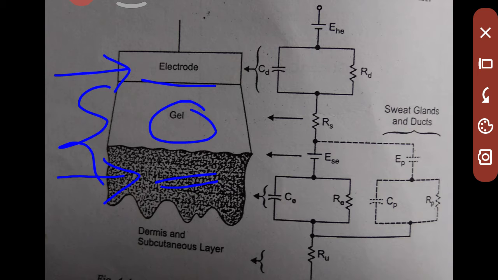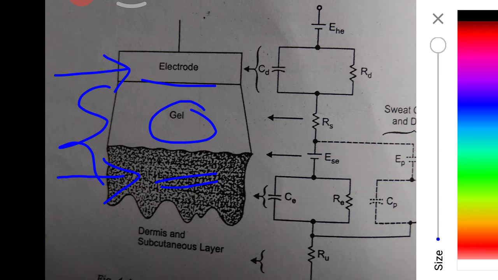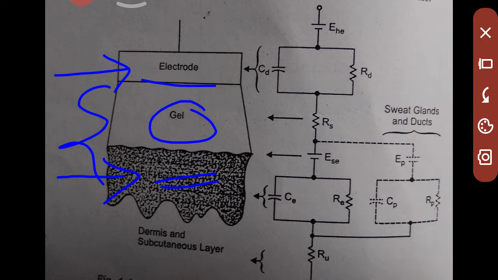The electrode impedance: now, this basic electrode impedance of the electrode and electrolyte is CD and RD, and the resistance of the solution, that is your gel, is RS.